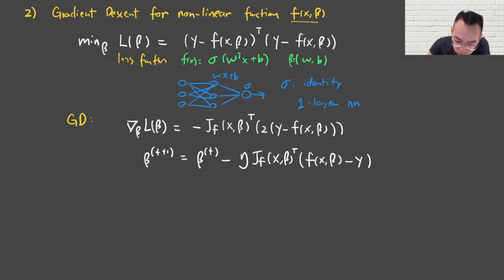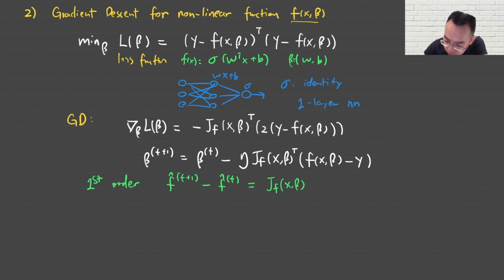But what we can do here is apply the first order Taylor expansion to see what happens, right? So the first order Taylor is going to give us f hat at step t plus 1 minus f hat at step t equals the Jacobian of f(x, beta) times (beta t plus 1 minus beta t).